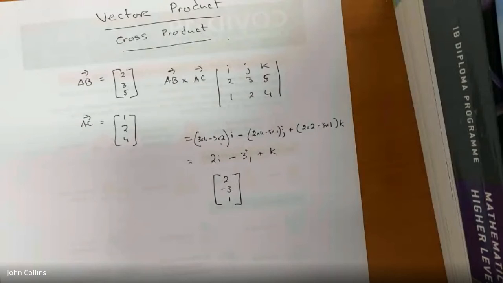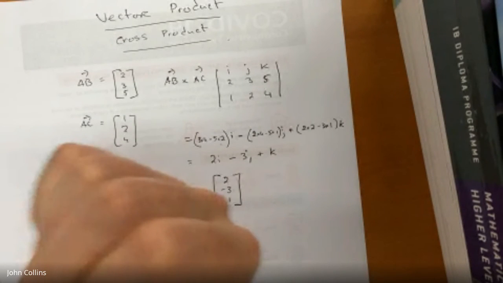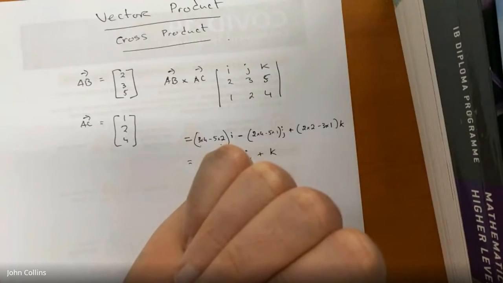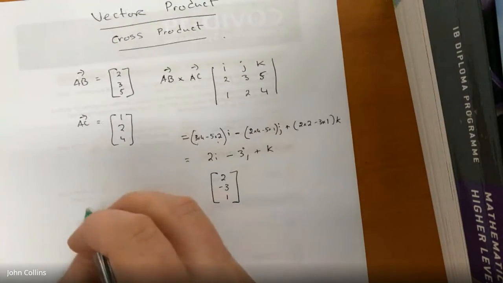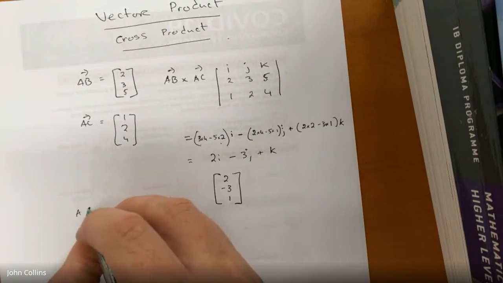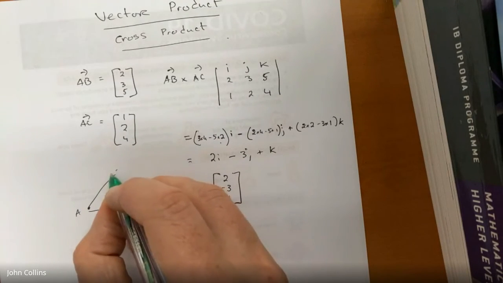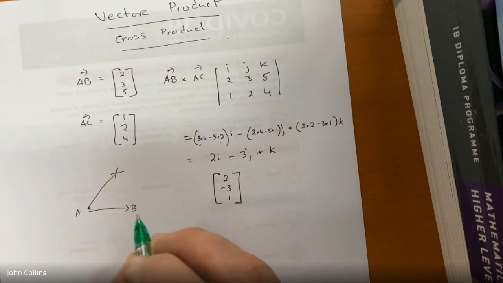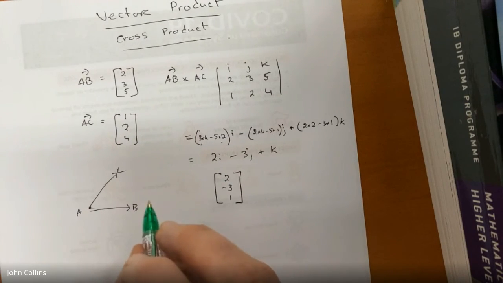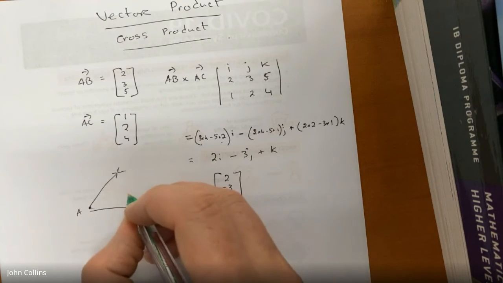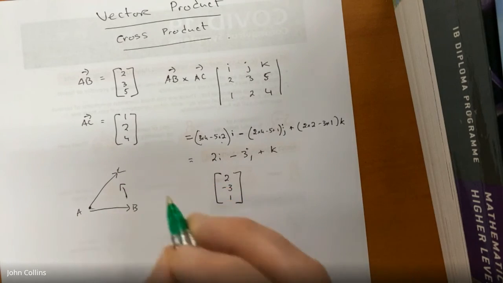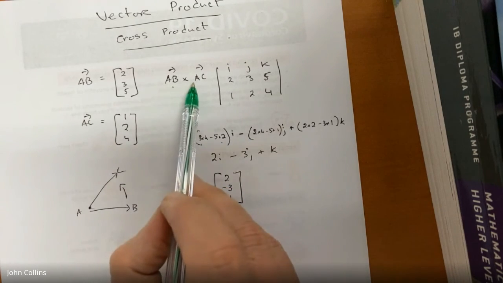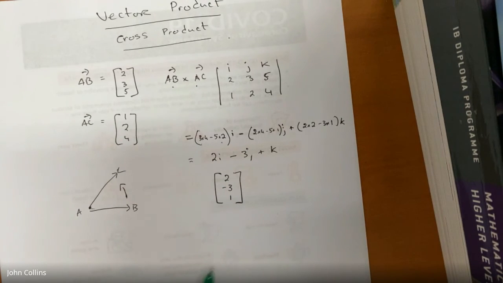I've just written right-hand rule. So you look at AC, and this is AB. If I've drawn them and I'm going this way, if it's AB times AC, look at my right-hand rule.